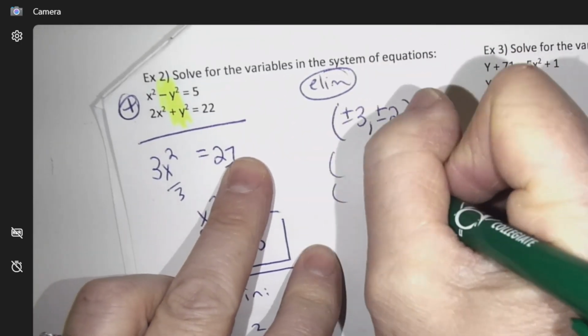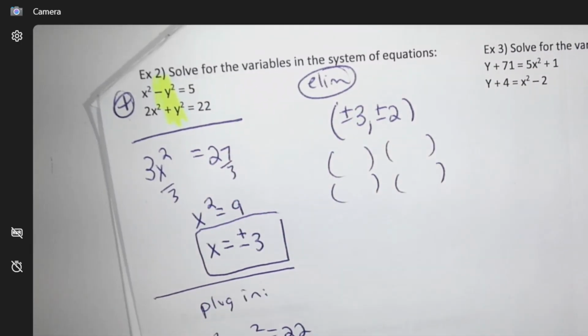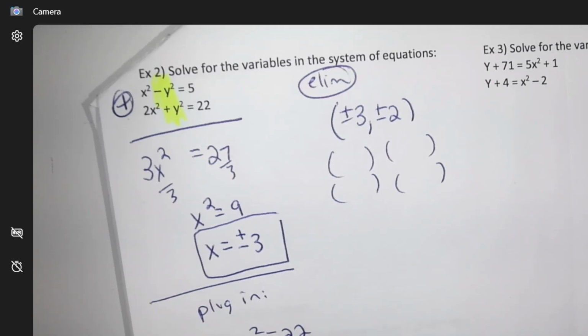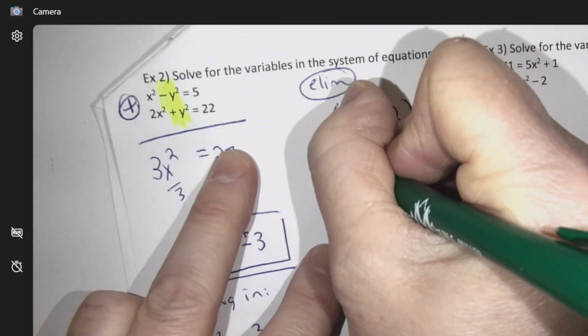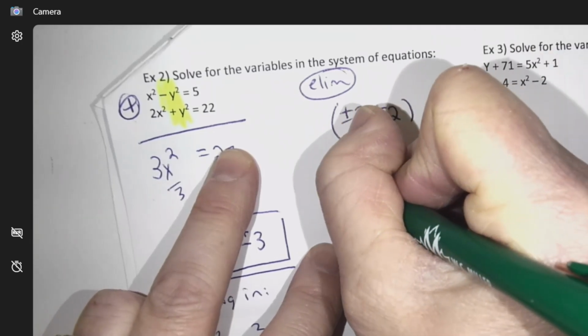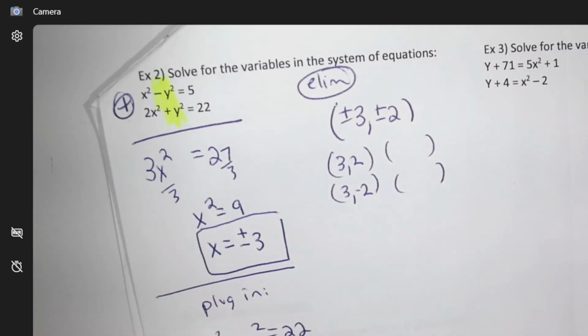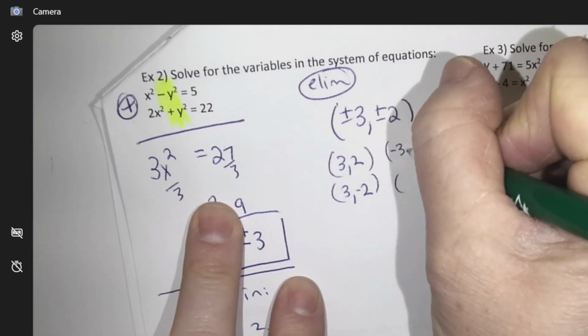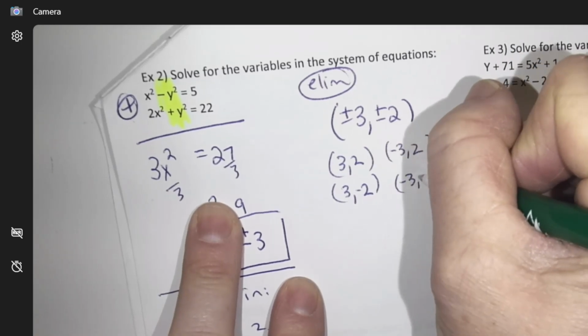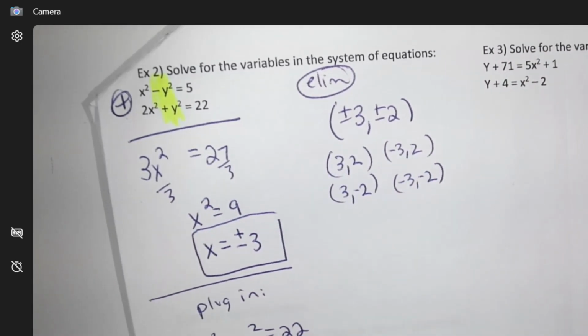You have 4 coordinates that work. Do you understand that? Where is that coming from? You could have 3 and 2. You could have 3 and negative 2. You could have negative 3 and 2. Do you see the 4 combos that could happen?